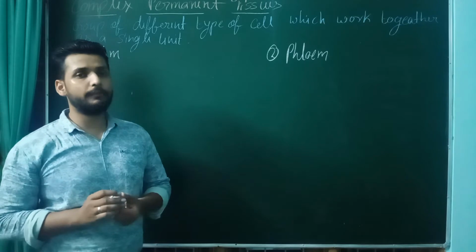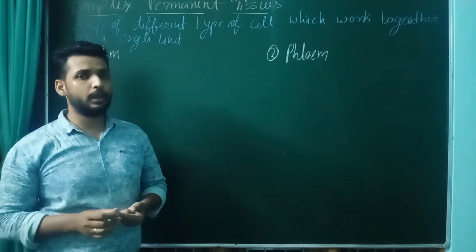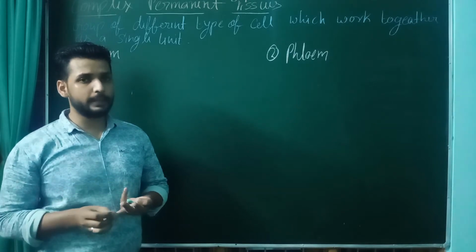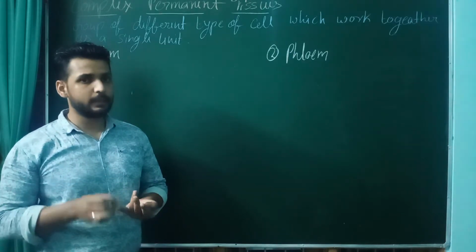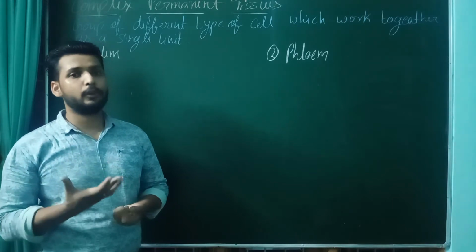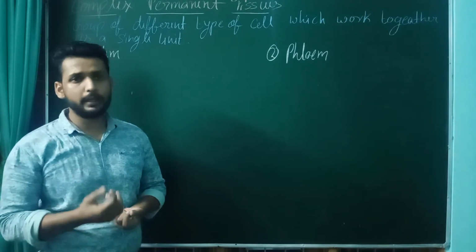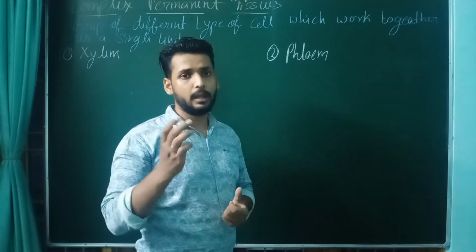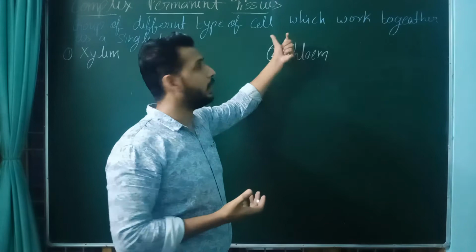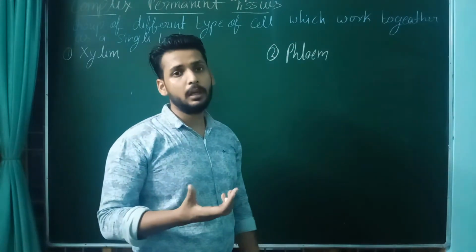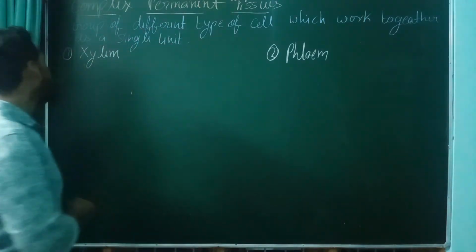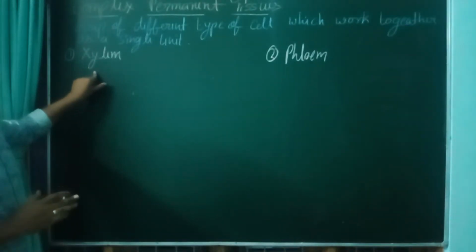Similarly, phloem has phloem fiber, sieve tube, companion cells, sieve elements, and phloem parenchyma. Got it? These together form a single unit and perform a function as a tissue. Today we will study xylem only.